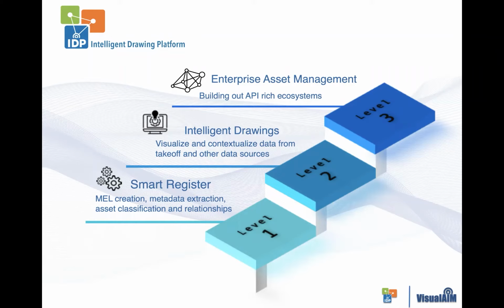The third level is really building out API-rich ecosystems. And so here we're talking about having all of the inventory on the drawings, understanding what that inventory is based on tagging and nomenclature, and then being able to go out to other systems and bring in additional information about those assets. An example might be a CMMS system like SAP or Maximo, being able to go out, pull inventory information or pull work order information about that.